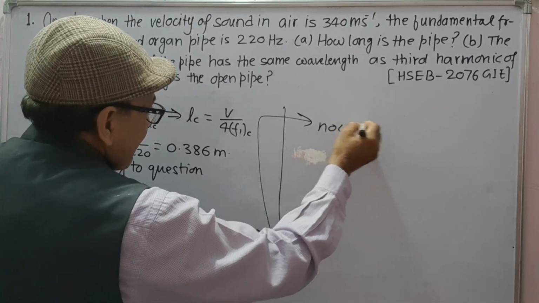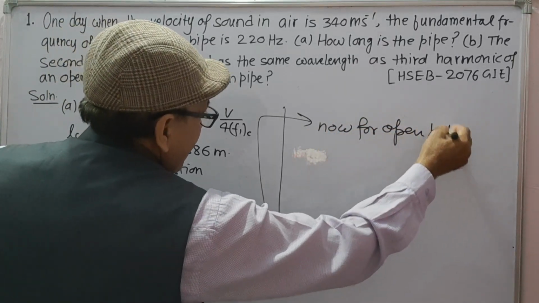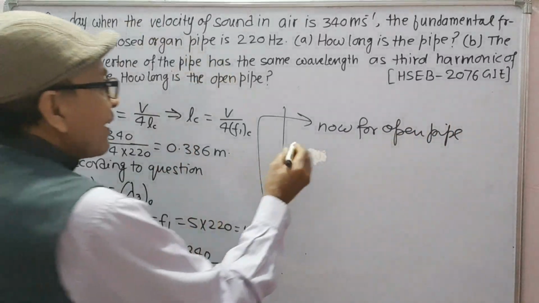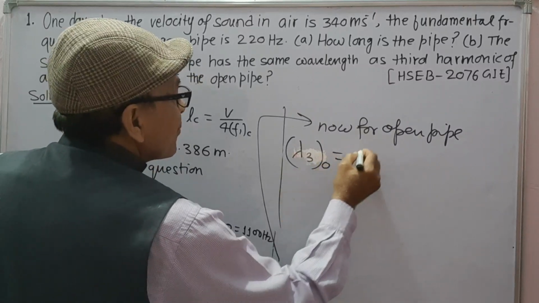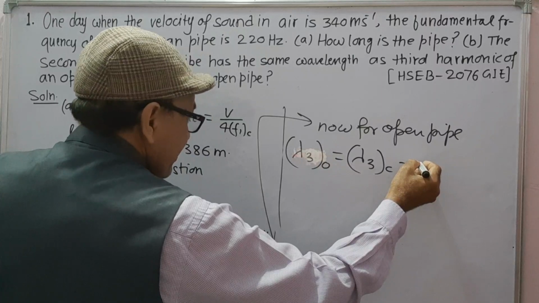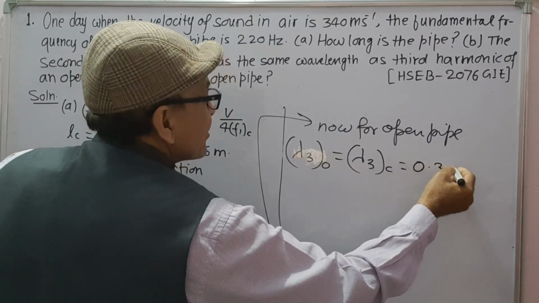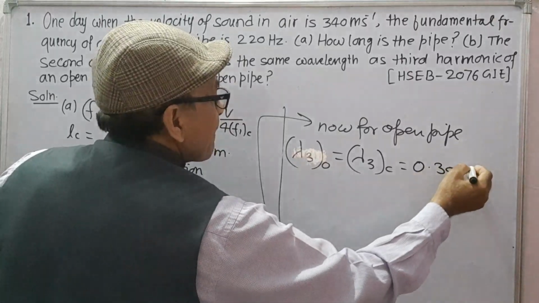Now, for open pipe, lambda 3 open will be equal to lambda 3 closed, which has been calculated as 0.309 meter.